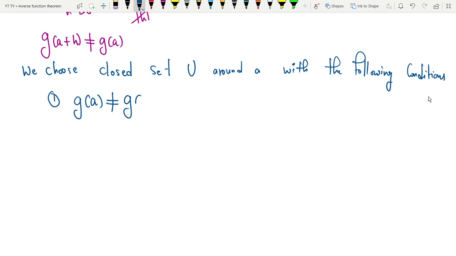That means no value should overlap with g(a), and this should be true for all the points x inside U except x equal to a, so I just remove a. So U is a neighborhood of a which satisfies this condition. That means it will never take the value g(a) except at the point a. This is possible because we have seen that if it takes the value at some other point as well, then we get a contradiction. Very close to a, we can find all those points which will not take the value g(a) again.